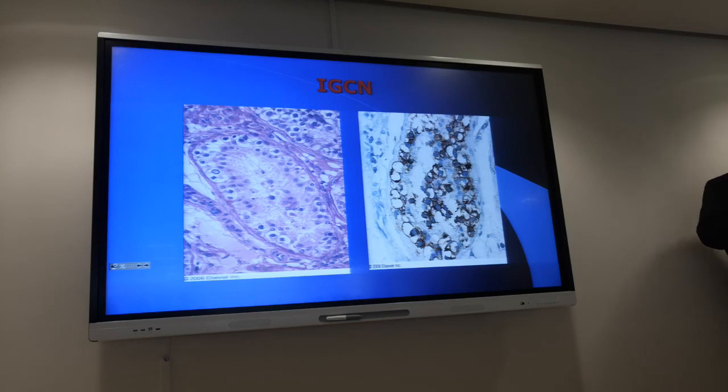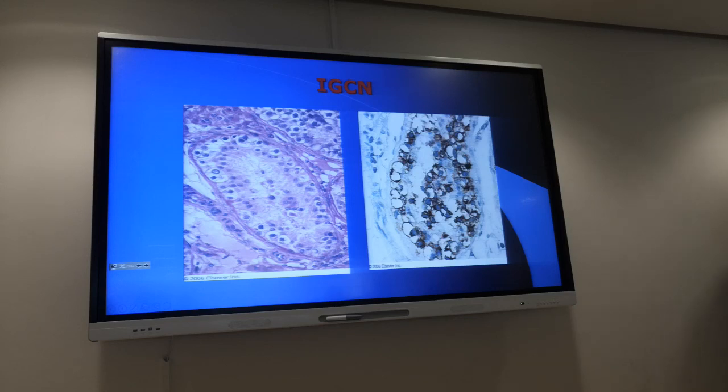So imagine the ability of those IGCN cells, highly pluripotent, to give rise to a clinically invading tumor. This is what we call a PLAP stain, placental alkaline phosphatase stain.